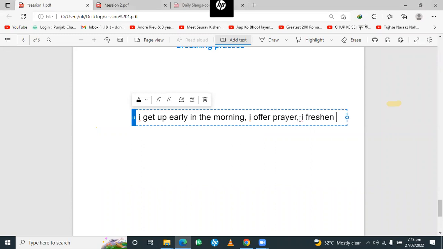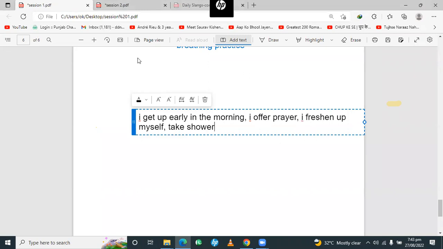I freshen up myself, take shower. Now, instead of saying I go to the bathroom, I brush my teeth, wash my face, these are very unprofessional. You can say I freshen up myself, take shower. It means you just do your face wash kind of stuff, okay? So try to use these words. I will write the task in the group, okay?